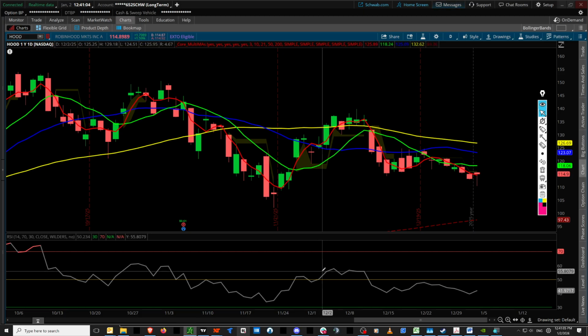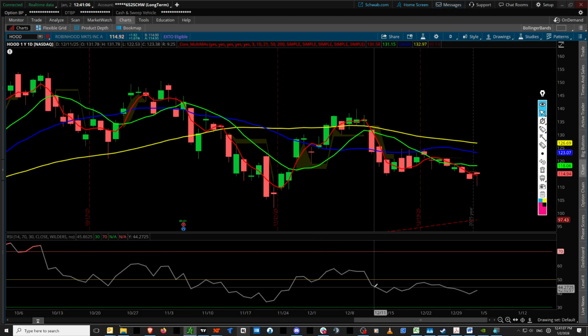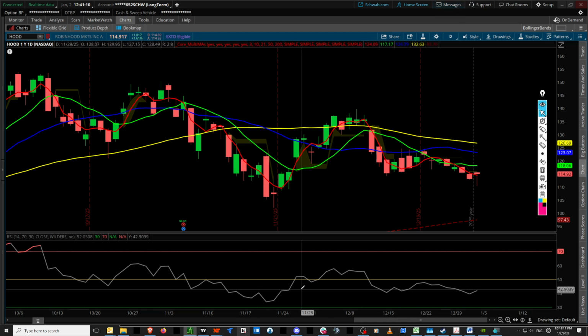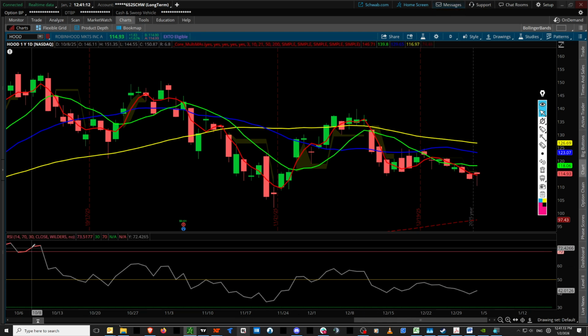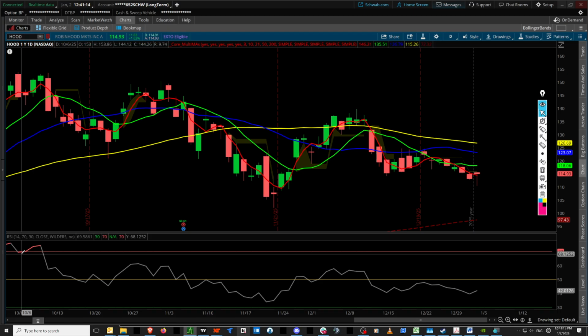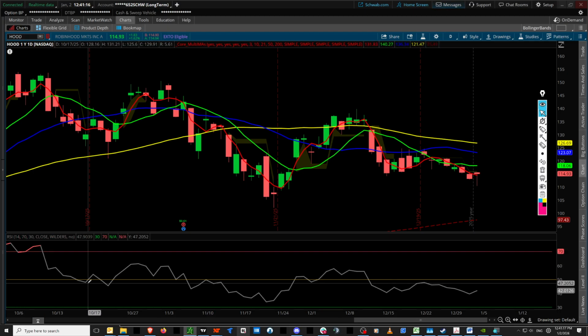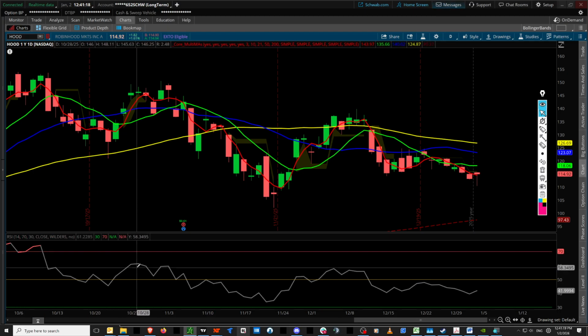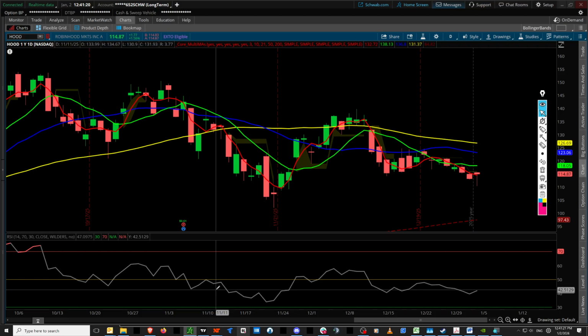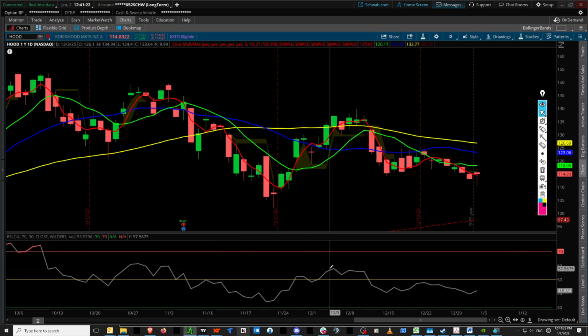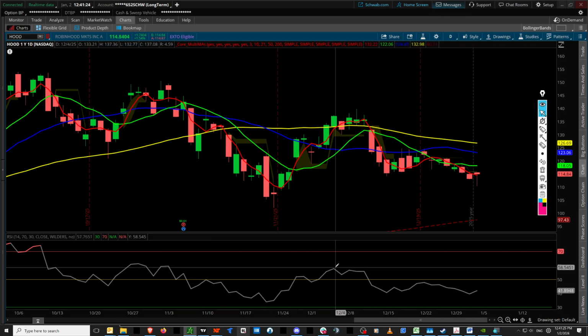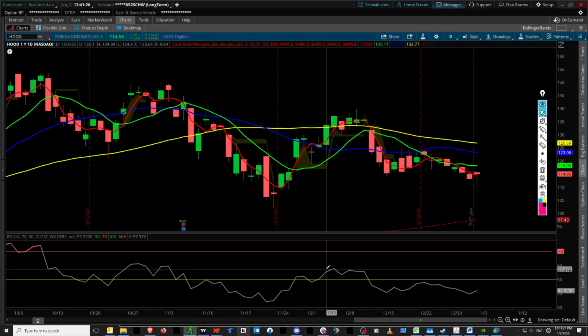Notice that when we went above the 50, we held it for a little while, but the bulk of our most recent time has been below it. We were overbought here, came back to the 50, tried to make another run of it, failed, made another run of it. Notice this high of the RSI is lower than this one's.